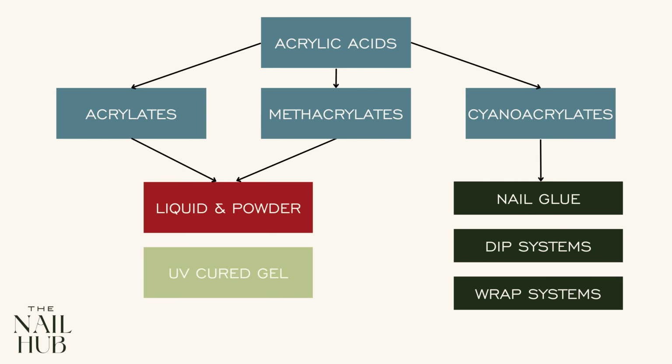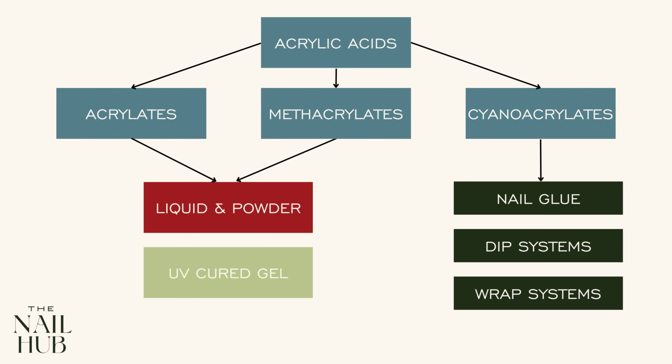Within acrylates, we have several different types. We have regular acrylates, we have methacrylates, and we also have cyanoacrylates. Acrylates and methacrylates are usually the ones we come across when we're talking about liquid and powder acrylic nails, and also you'll see them inside of UV cured gel nail products.